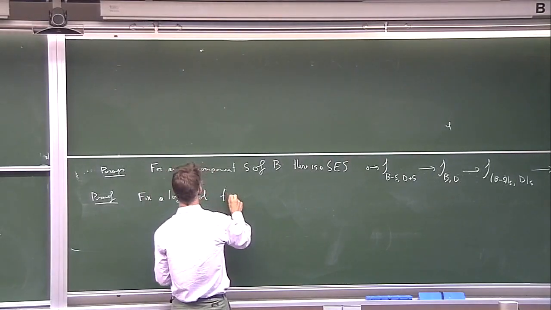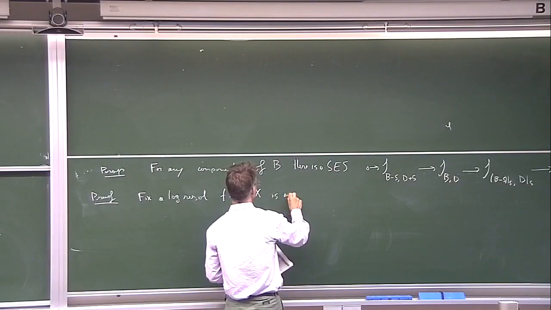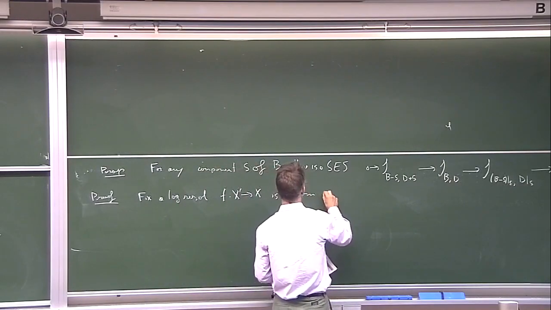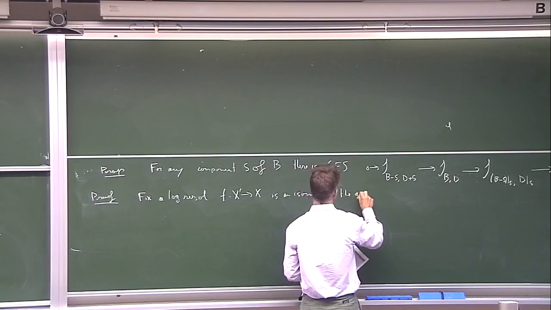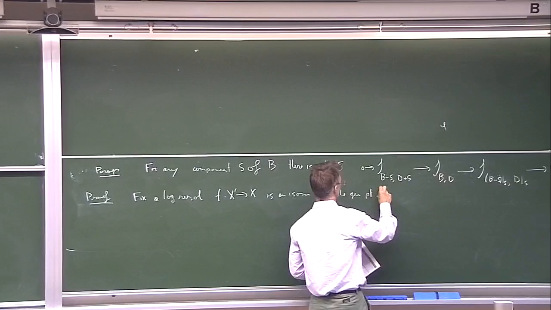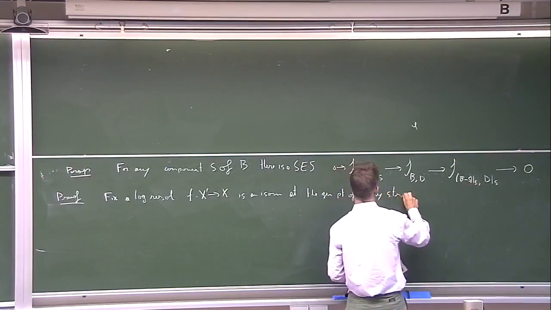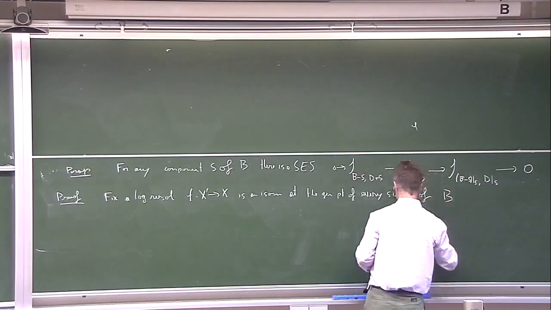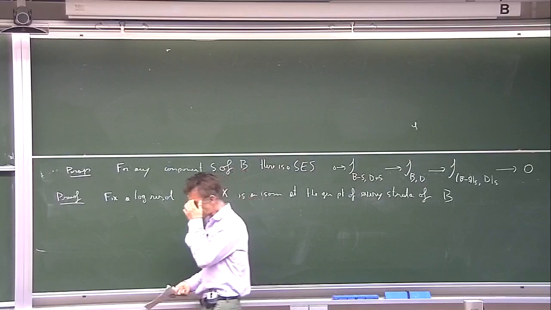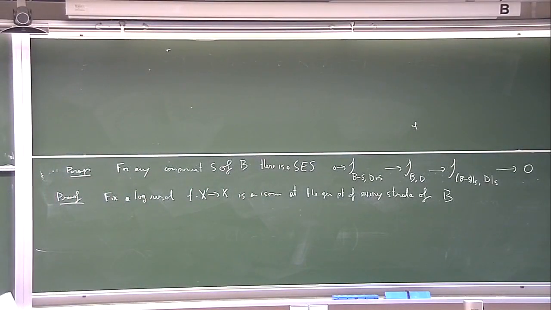So f from X prime to X, which is an isomorphism at the generic point of every strata of B. Okay? So in other words, I don't want to extract divisors corresponding to log canonical centers of B.